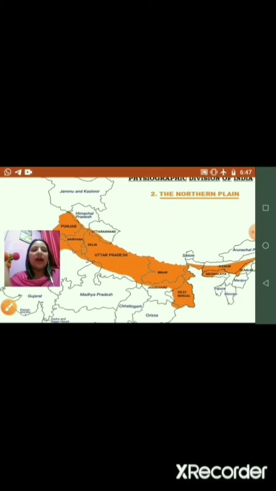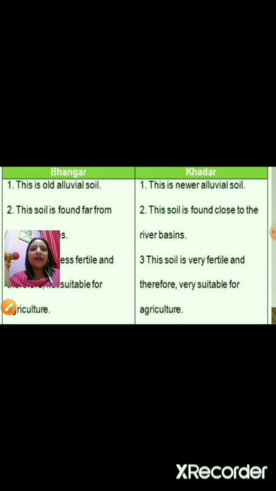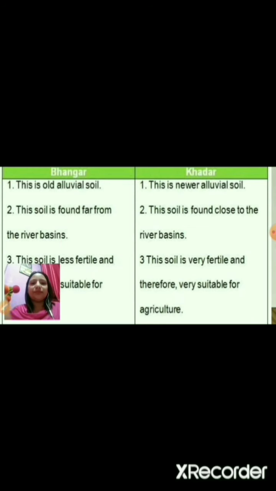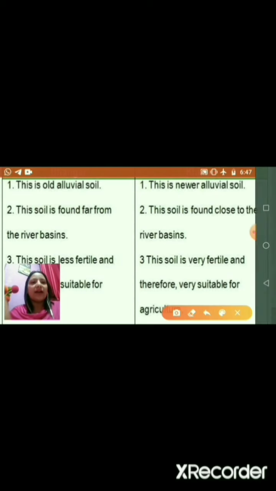Another important thing: the plains are built from rich alluvium brought down by the Himalayan and the peninsular rivers. The new alluvial deposit is known as Khadar.